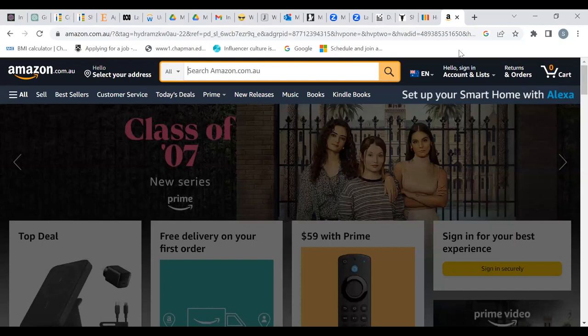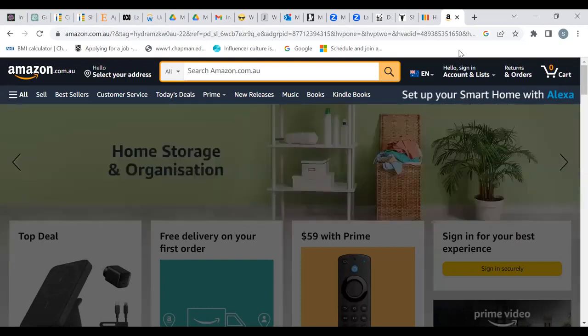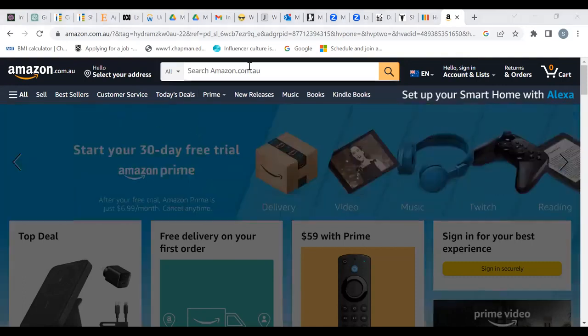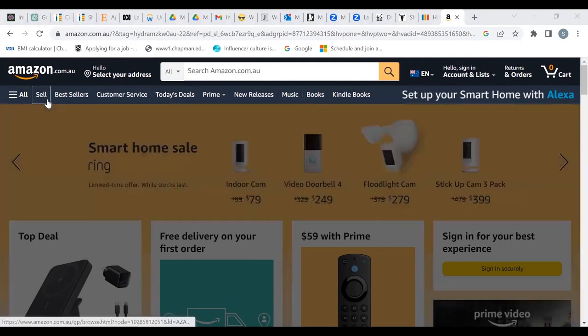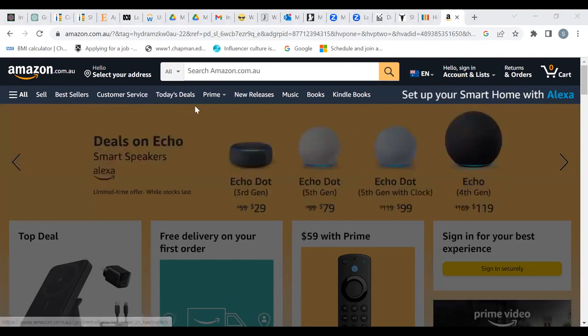So let's go to Amazon, and let's type dryers. So now you will see Amazon. So before I go to the example of dryers, let me show you how the website is organized. So here they have at most about 9 main categories like sell, bestsellers, customer service. Probably, again, these are based on the interactions consumers are having with the website, and that's why these categories are listed here.